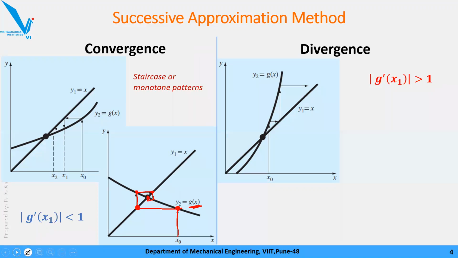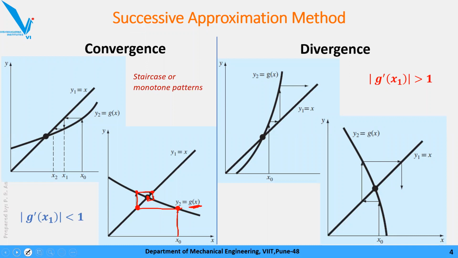Now divergence is also possible in a spiral way if the slope of the curve is more than 1. See, we started with this g, then found y, and use the same for the next g and so on. So in this way we go out, we divert from the root.